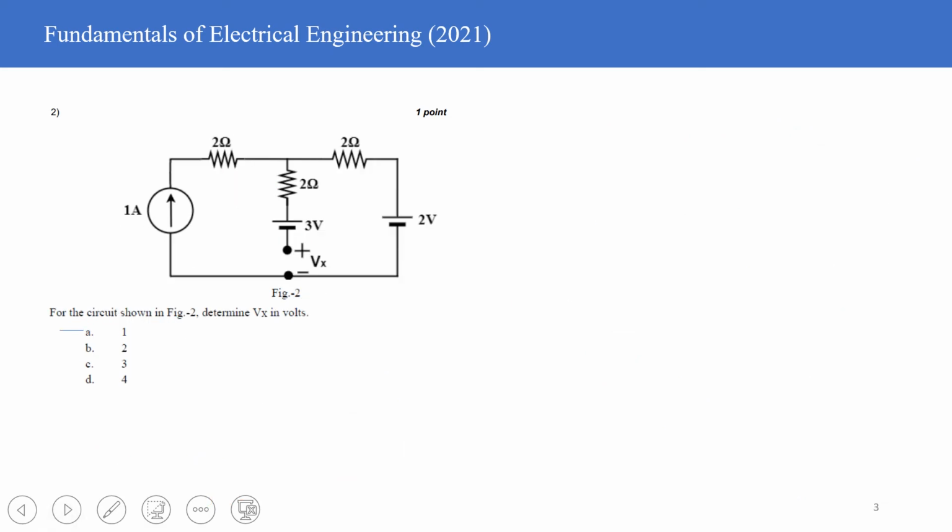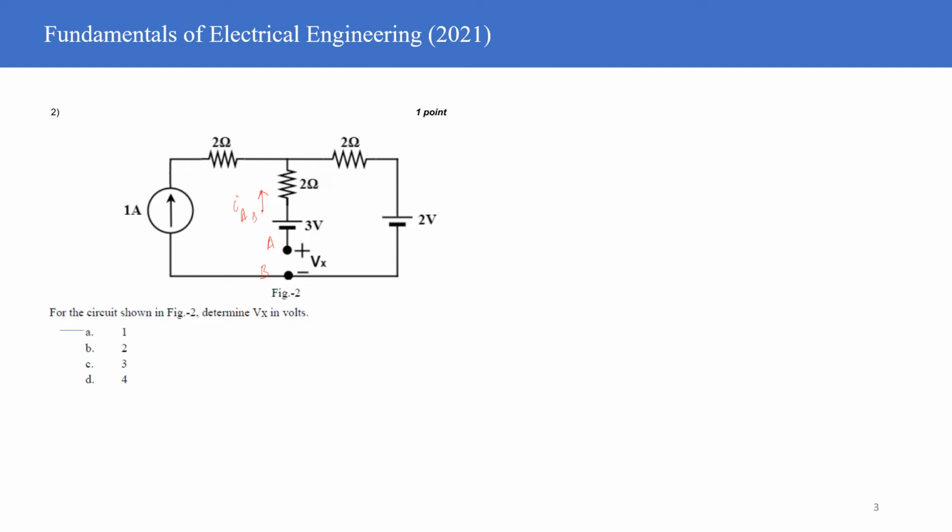So in question number 2, the question asks you to figure out the potential between these two nodes. Let me call this node A and node B, just for the purpose of simplicity. So tell me first, is there going to be any current in this particular branch? Let me call it IAB current, right?